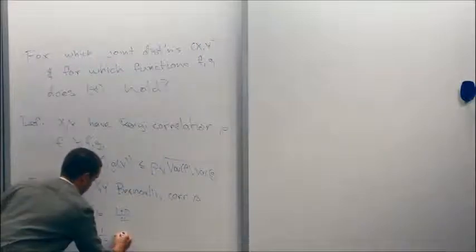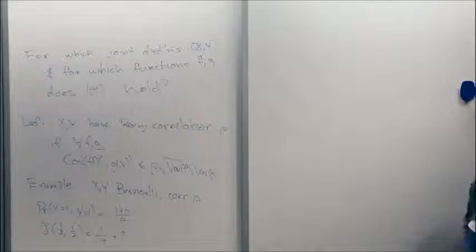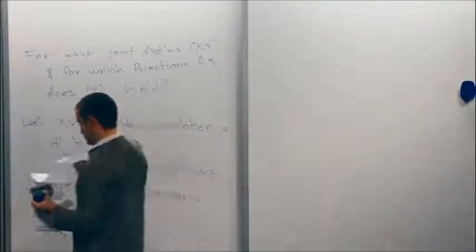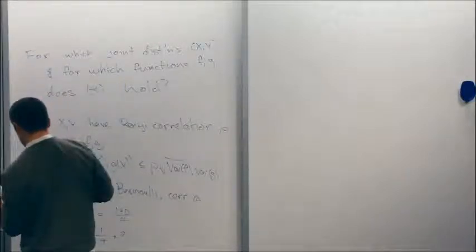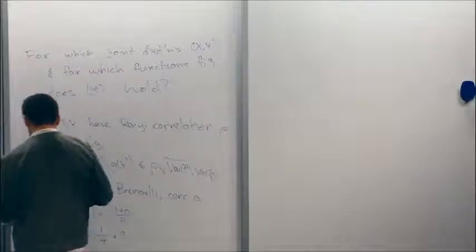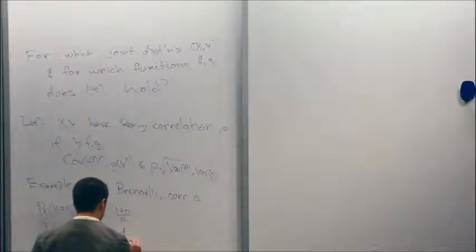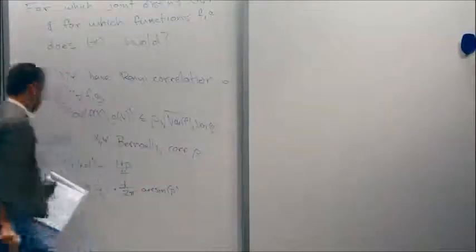plus, if I try to do it by memory I'll get it wrong, one-fourth plus 1 over 2 pi arcsine of rho.